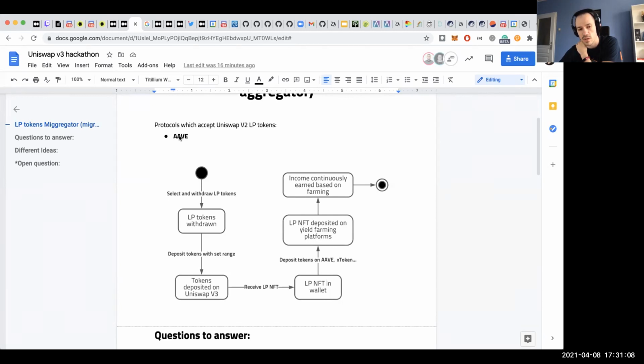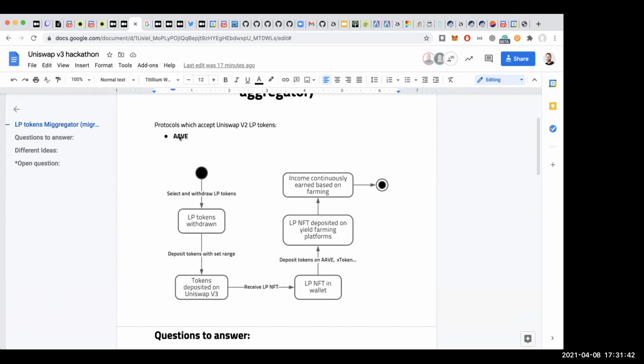So our idea was to have a tool that can translate your Aave tokens that represent liquidity pool version 2 tokens to Aave tokens that represent liquidity pool version 3 tokens, so NFTs on Uniswap version 3. So that was the layer above what Uniswap is doing with the migrator contract.